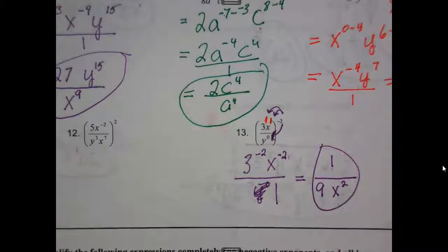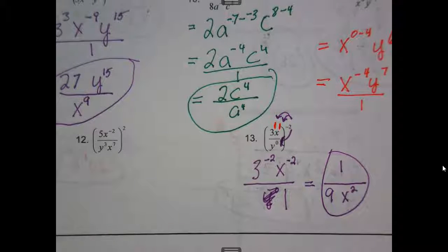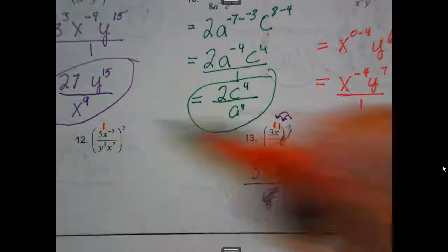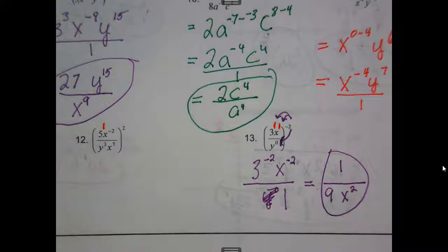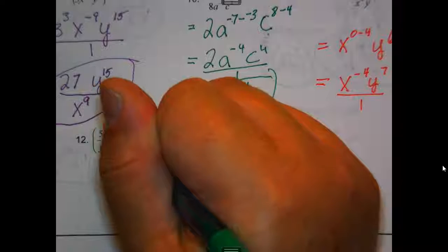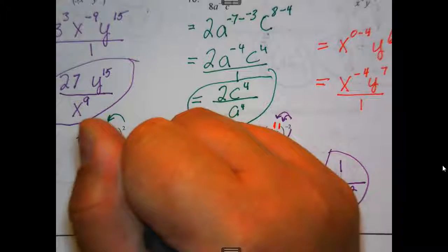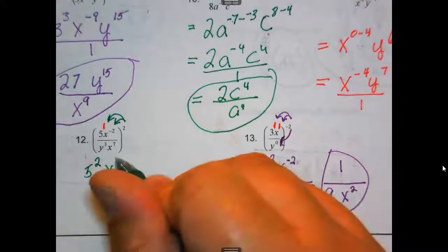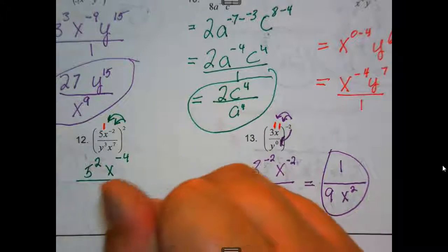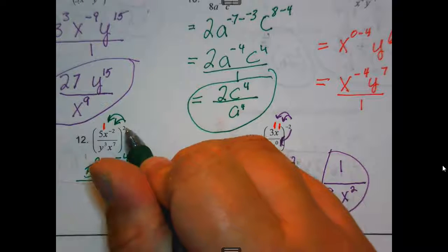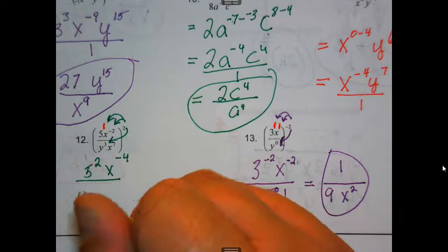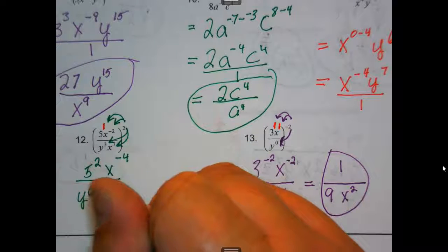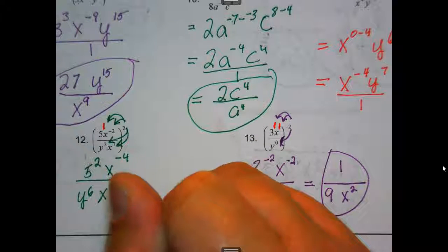And 15, or I'm sorry, 12. I'm going to put my onesies there. 5 has a 1. Let's see, 2 times 1 is 5 squared. X to the negative 2 times 2, negative 4, over 2 times 3 is y to the 6. 2 times 7 is x to the 14th.